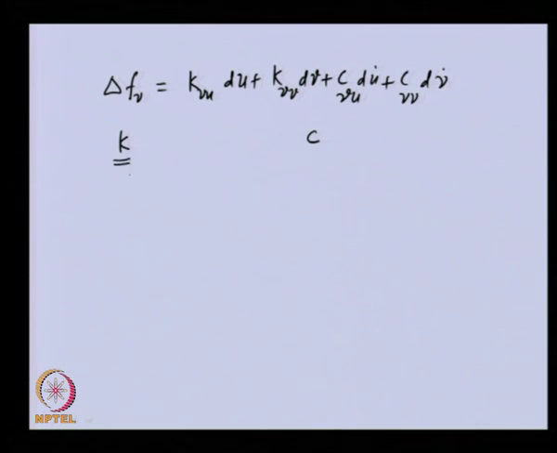So you can see that this k and c which we represented, this is representing the change in the force for a small perturbation in the displacement, and this is representing the change in the force due to the change in the velocity. So actually this is nothing but the stiffness, which is defined as change in the force with respect to the displacement, and this is the damping coefficient, which is defined as change in the force due to the velocity.